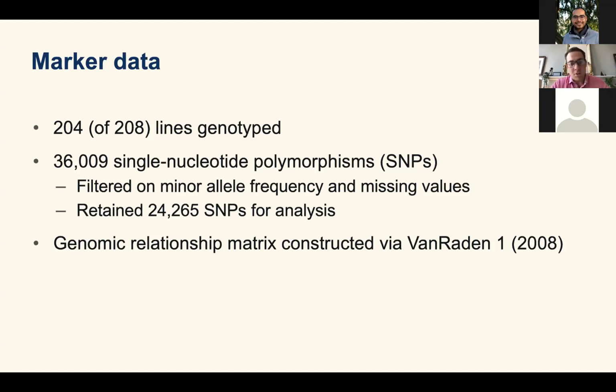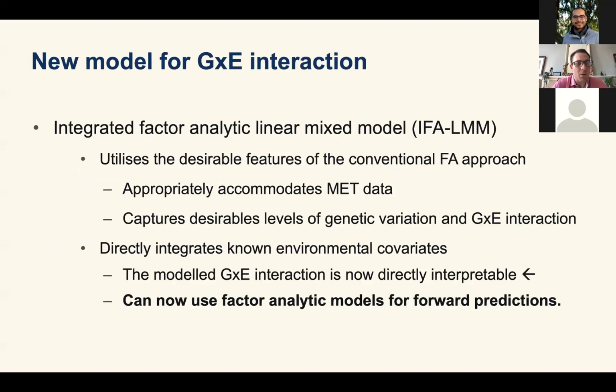And then I just construct the genomic relationship matrix according to the VanRaden-1 model, which is the centered allelic scores at each marker, divided by the marker variances. So accumulating all that, we have a nice little data set going on here.